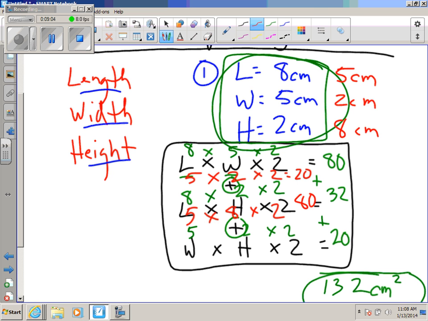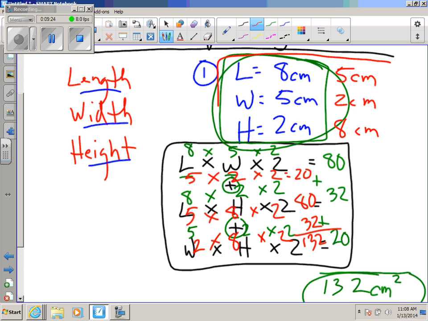And then the width, which is 2, and the height, which is 8, times 2, 16 times 2. So when I add them up, 132. Did I get the same thing? Yes. That's what I'm telling you.